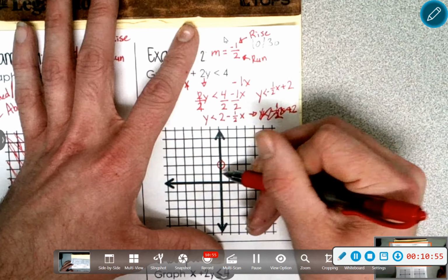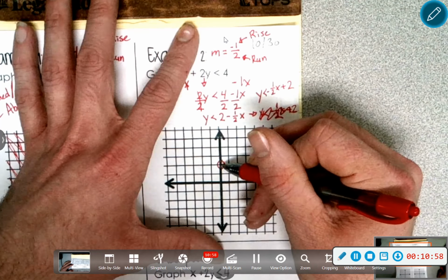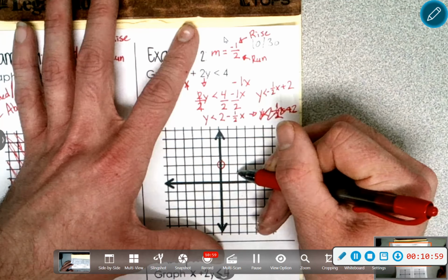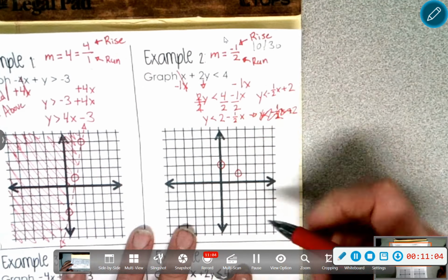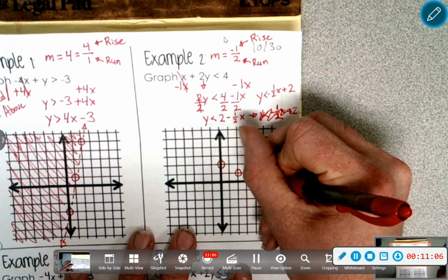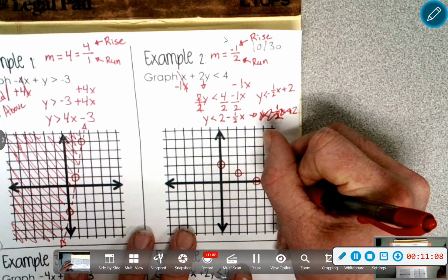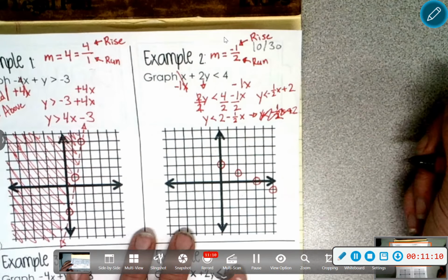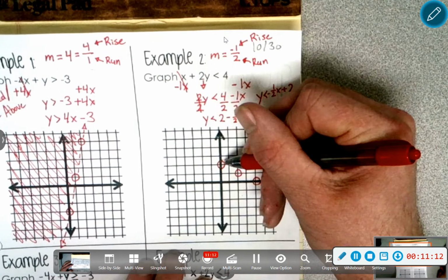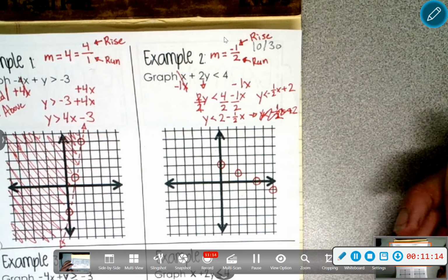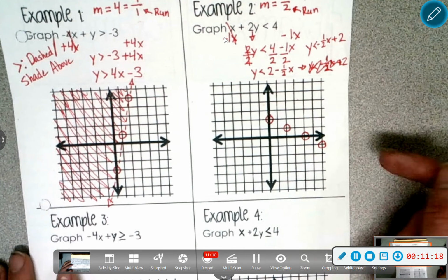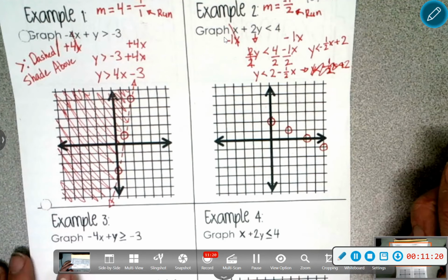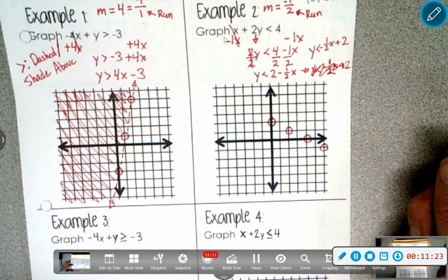And I'm going to run twice to the right. So I go down 1, right 2. Down 1, right 2. Back to the start. Once you reach the end of your grid and you can't fit any more points with the original pattern, go back to your y-intercept and reverse directions.